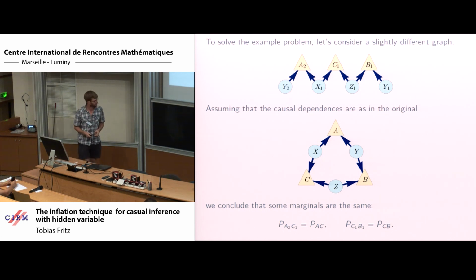The essential observation is that we can actually say quite a lot about this, although we don't know what the x, y, and z are. They're purely hypothetical anyways. In general, we don't know the full distribution, but we can still say something about some of its marginals. Namely, if we just ignore B, and if we only look at A2 and C1, then the y1 doesn't matter.